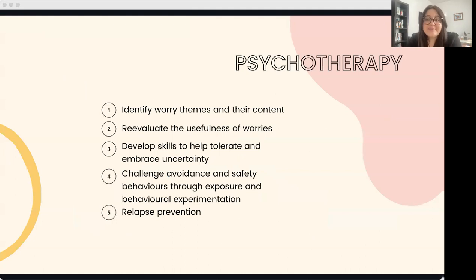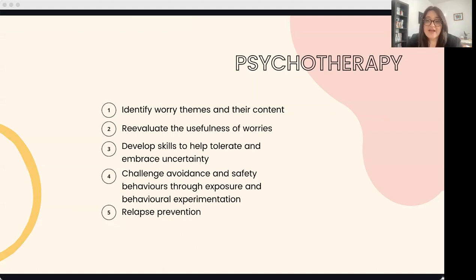So in a CBT-based approach, the goal is to target those components of generalized anxiety that we've discussed, including excessive worrying, those positive beliefs about the function of worries, the intolerance of uncertainty, as well as avoidance and other safety behaviors. So this means that one, we need to identify the content and themes of worries and whether these stem from real, imagined, or hypothetical situations.